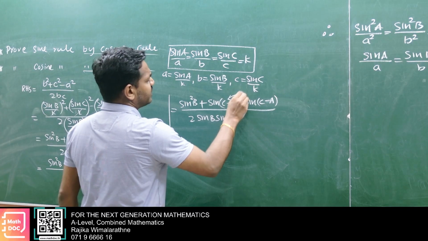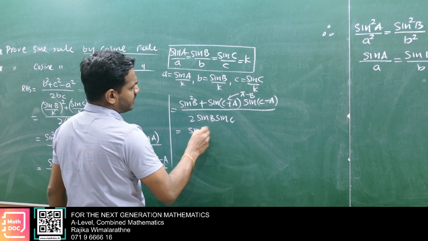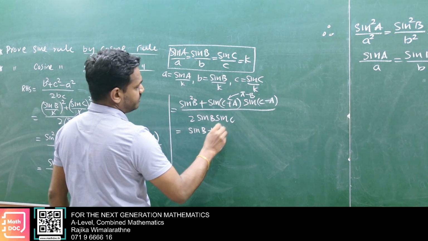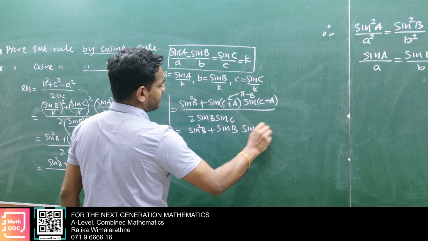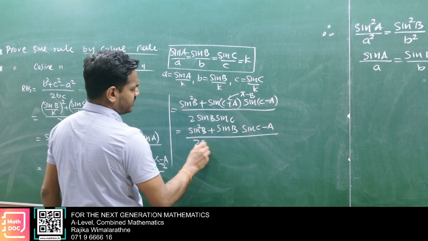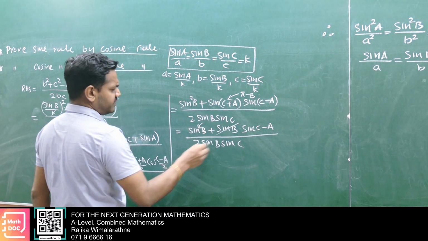Then C plus A equals pi minus B, and sin(pi − B) is sin B, over 2 sin B sin C. Now cancel the sin B term.